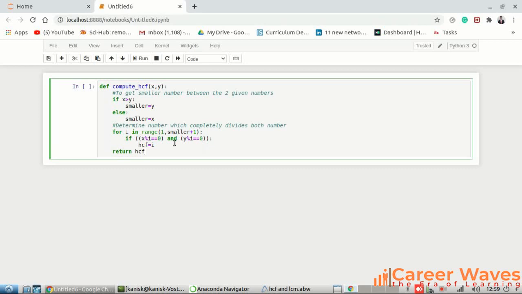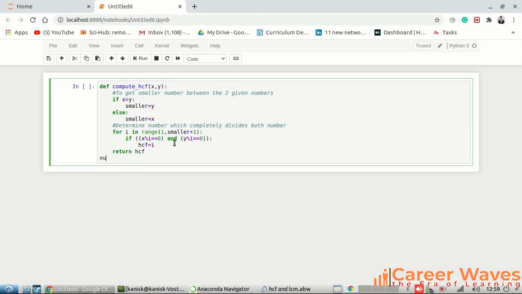Now here we have done up to the HCF part. Now let's move for putting the number, that is num1 is equal to int(input("enter number\n")).